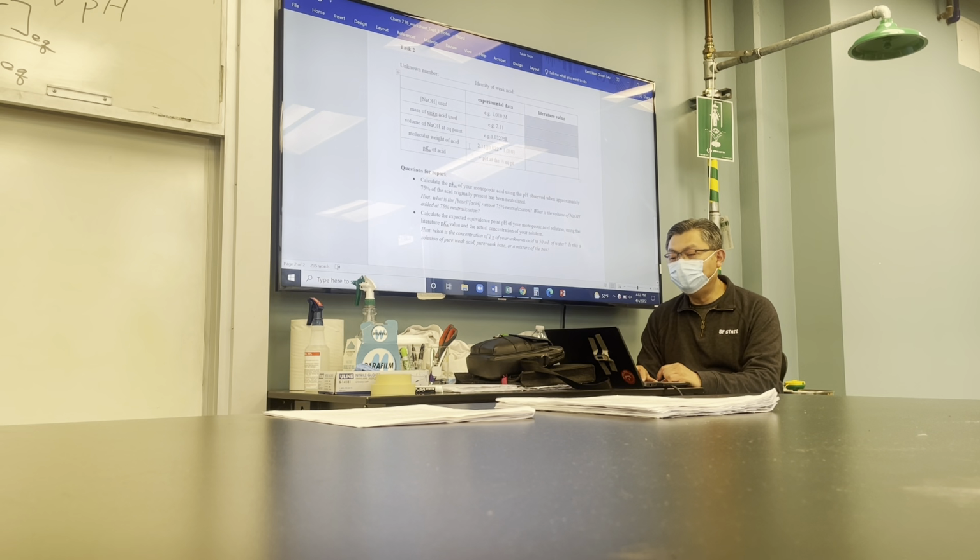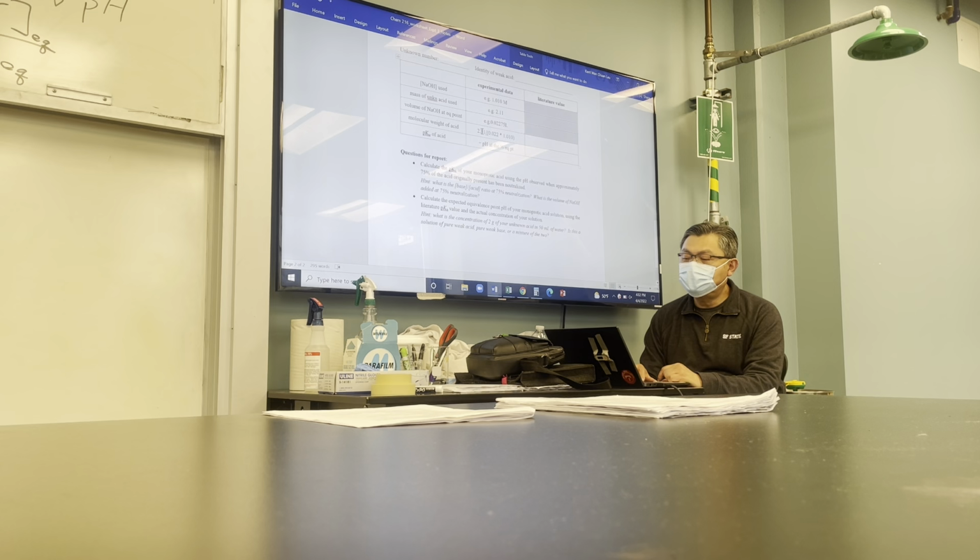Now, then we say, what is your molecular weight? How do you calculate your molecular weight? So you use the mass of your unknown you used, that's the gram, and we know molecular weight is gram per mole. So what's the mole?